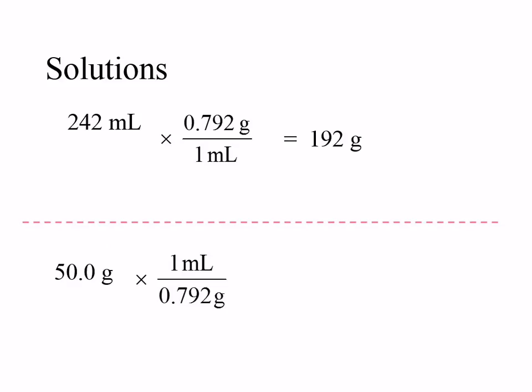So if I put 1 milliliter over 0.792 grams, my grams cancel, I have units of milliliters. That's exactly where I want to be. So how many sig figs around this to? 3. And then we divide this one, right? Yep. 3 sig figs, I got 63.1 milliliters.